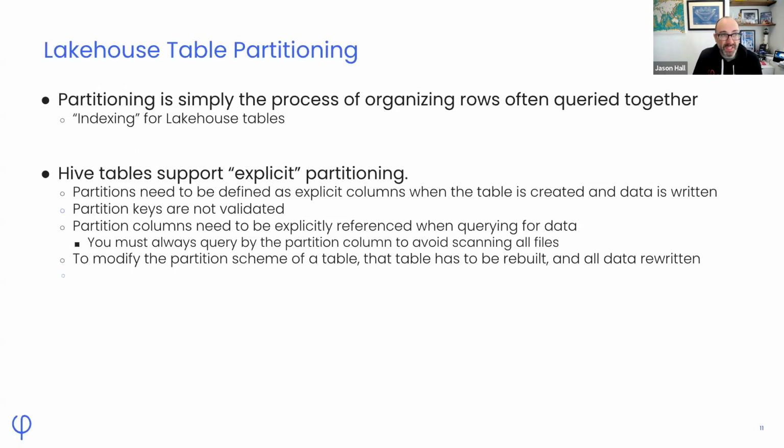Now, one of the easiest ways to visualize partitioning is when you look at a Hive table as an example, and you write data into a partitioned Hive table. Partitioning actually defines the folder structure of where the data files sit. Those of you that have used Athena to query Hive tables, if you look at S3 behind those tables, you'll see folders mapping to different partitions based on how you've configured the data.